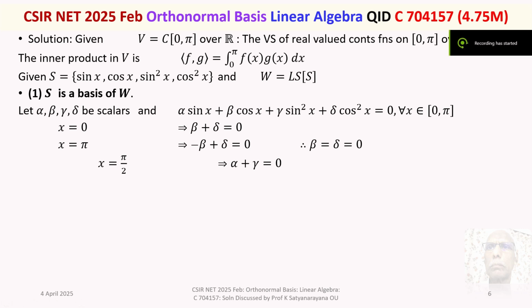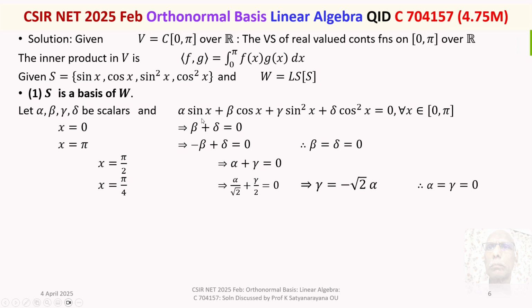So, yes, we take x is equal to pi by 4. Then sin pi by 4 is 1 by root 2. Sin square pi by 4 is 1 by 2. And cos pi by 4 is 1 by root 2. But beta is equal to delta is equal to 0.